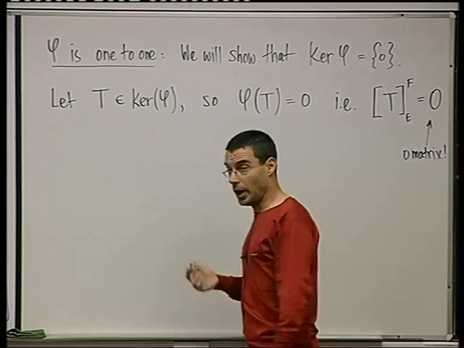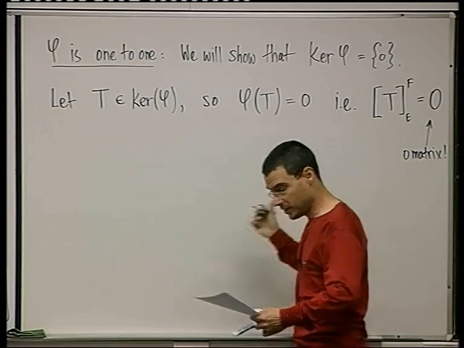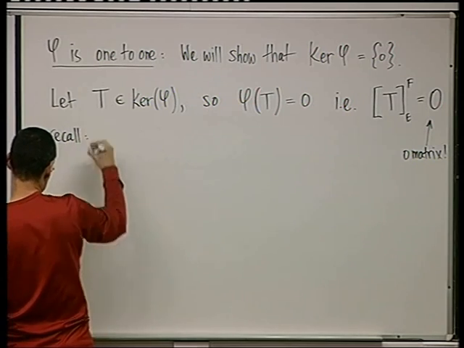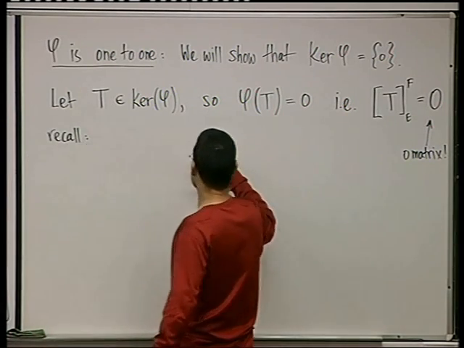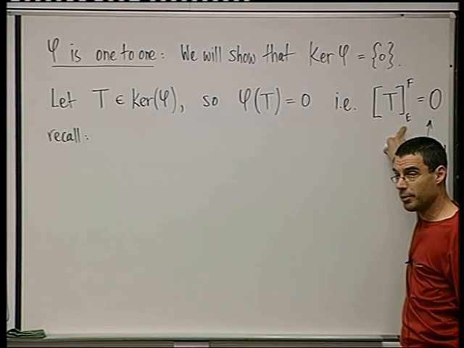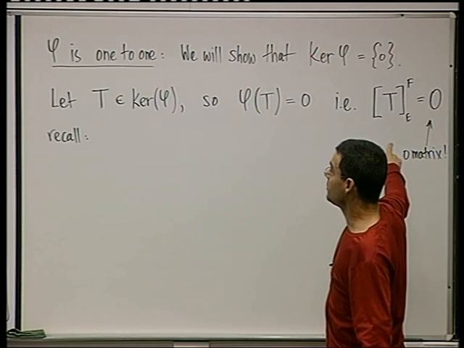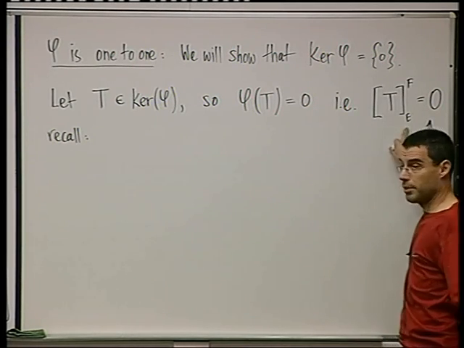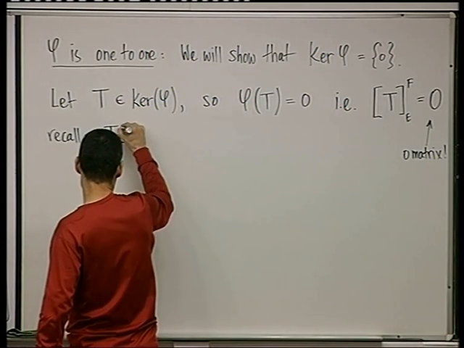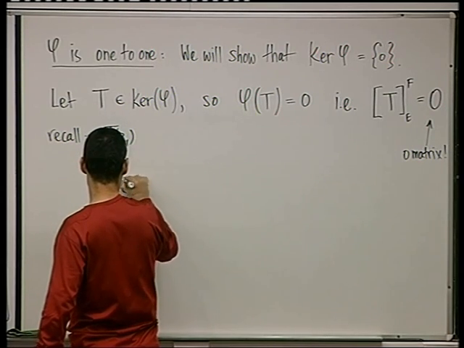But let's recall how we build the matrix representation, right? How do we construct the matrix representation? Recall. We take the elements of E. Let's call the elements of E little e_i's, e_1 through e_n. What's the dimension of V? It's n. So it's e_1 through e_n, right? We apply T to them. So we take T of e_1 up to T of e_n.